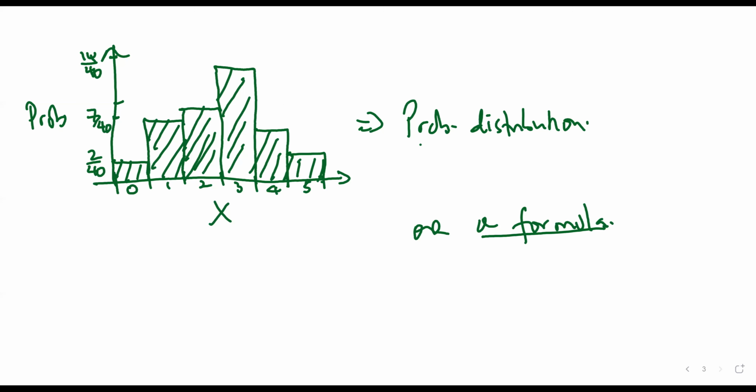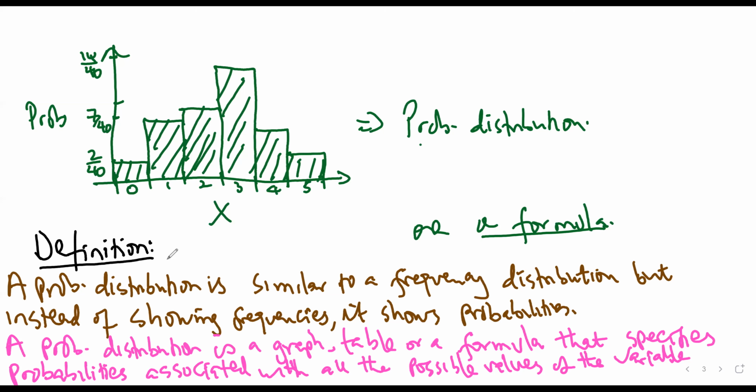And that's what I want us to write as the official definition of a probability distribution. So we're saying that a probability distribution is very similar to a frequency distribution like this one. It is similar to this kind of table.